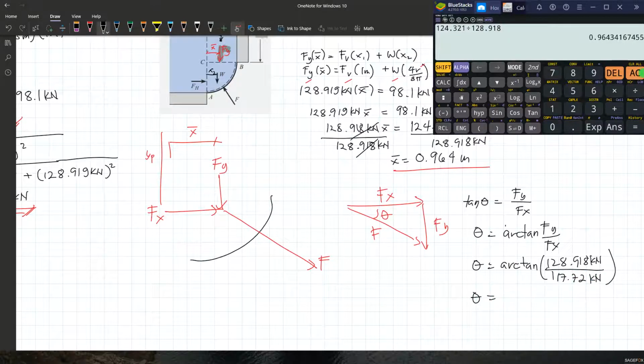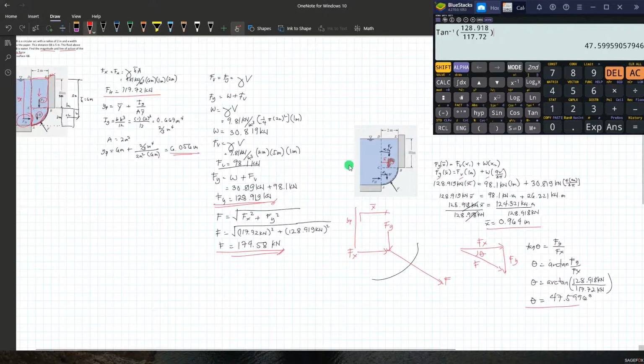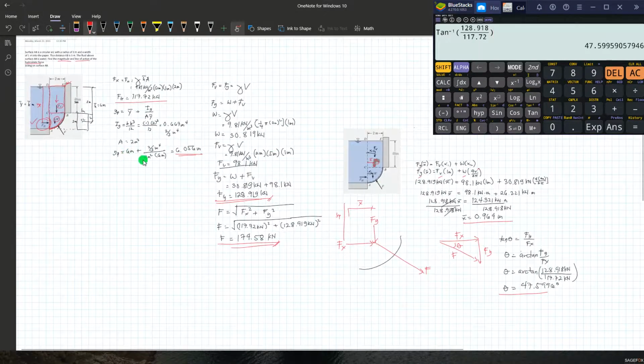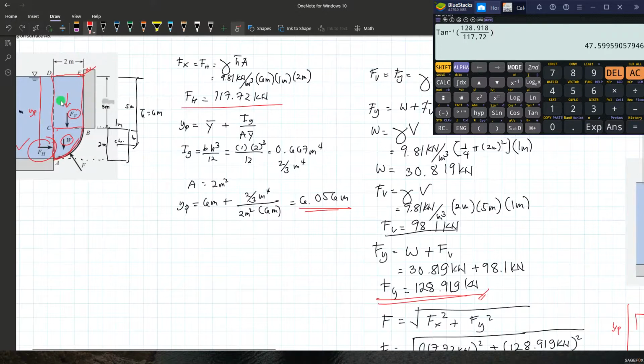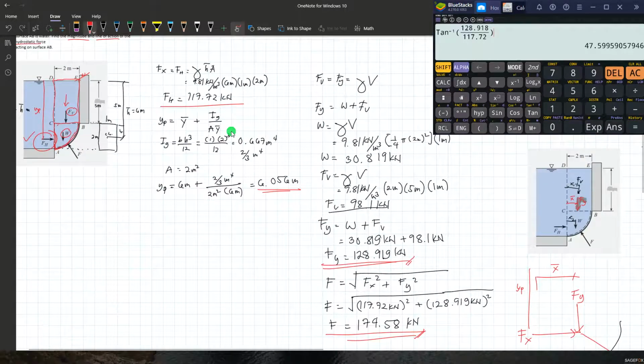So theta is arctangent of 128.918 over 117.72, which is 47.5996 degrees. So that's the answer. So that's how you solve hydrostatic force on curved surface. So let's try another example.